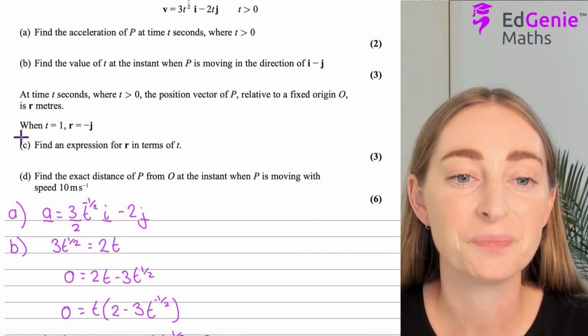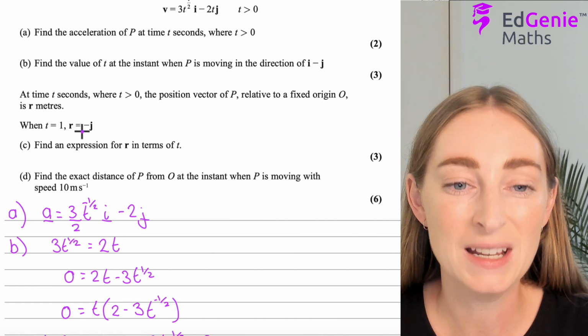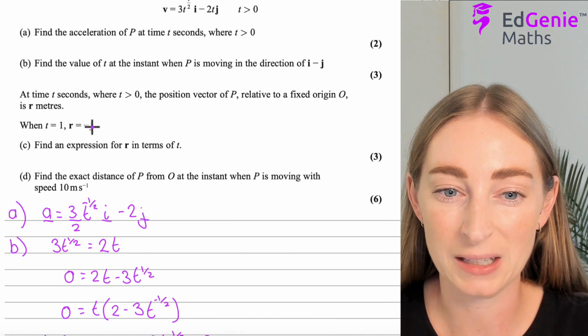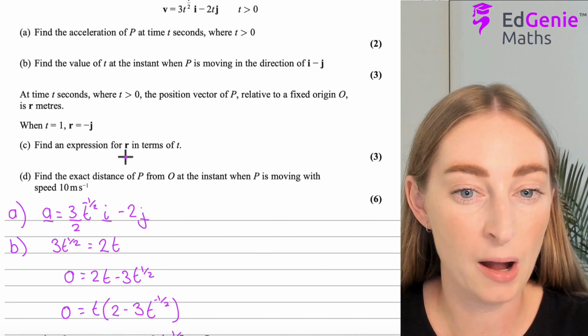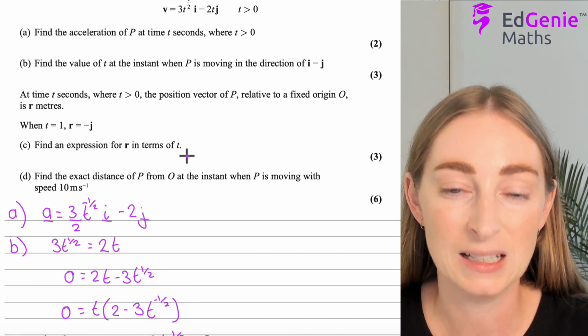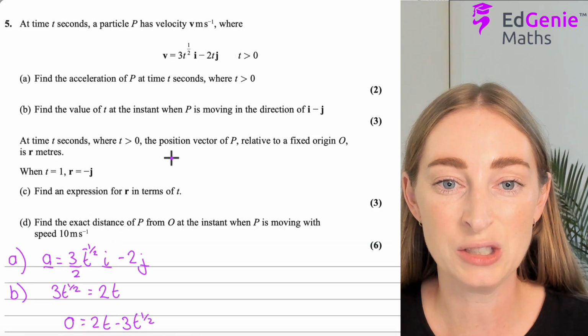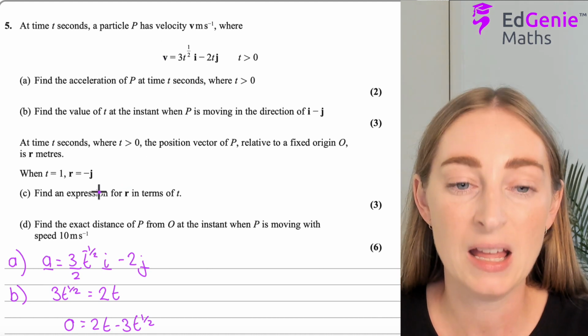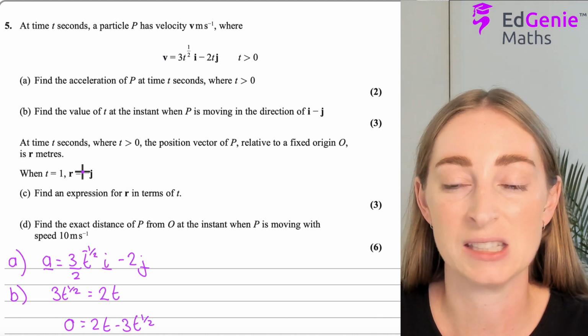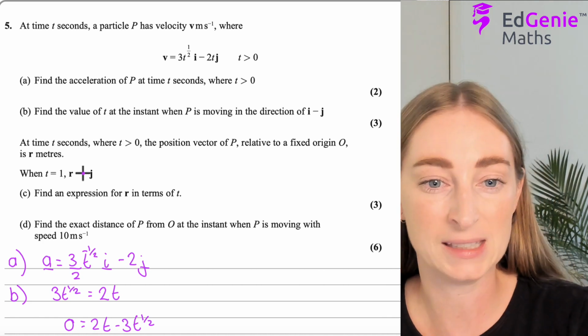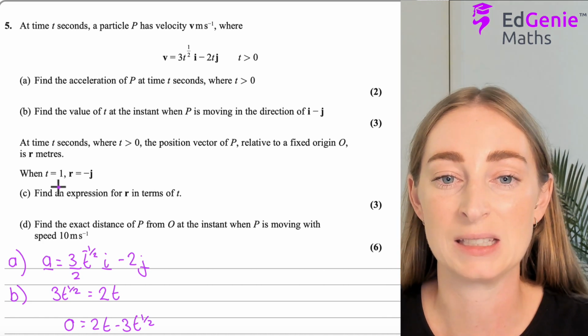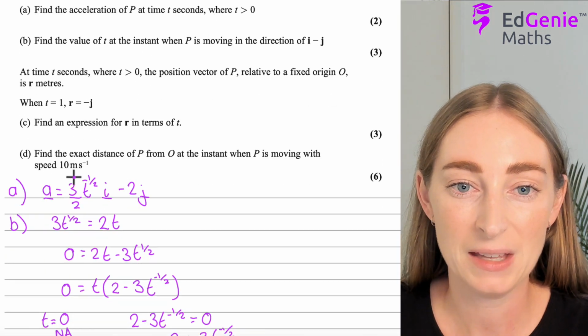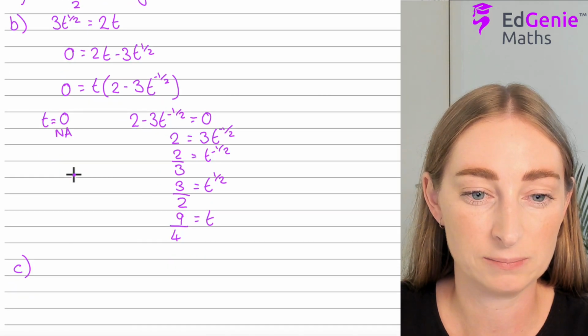When t equals 1, r equals negative j. Find an expression for r in terms of t. So to do this, we're going to have to integrate this here. So integrate our velocity. And the reason they've given us this is so that we can, because we're going to have a plus c, and then we're going to need to use this to find out that c. So let's integrate.